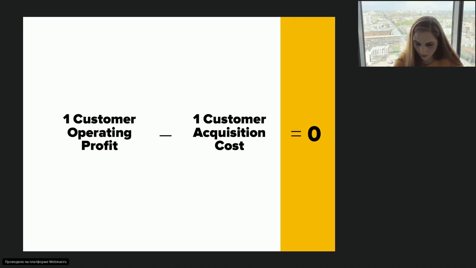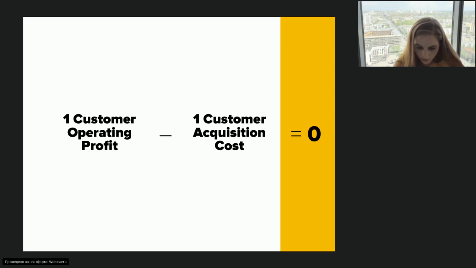Sometimes unit economics provides us with equal costs, and this is how we can see that our experiments are not losses, but we do not make profit either. I'm sure some of you are acquainted with these terms and some are not, so I will explain the basics. On one part of the formula we have one customer operating profit. We take this operating profit per one customer and subtract the customer acquisition cost.